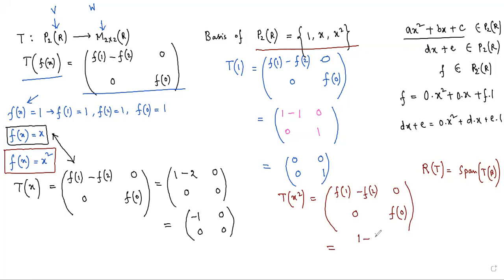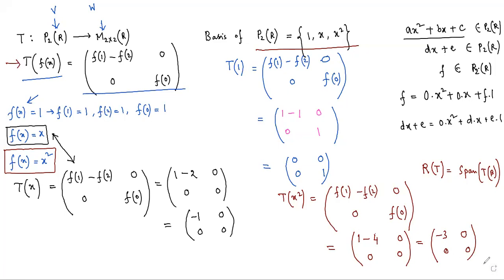F of minus 2 is 4. So 1 minus 4, 0, 0, 0, and we get minus 3, 0, 0, 0. So this is the image. These are the three images of the basis elements 1, x, and x squared under the transformation T, as defined in this particular formula.